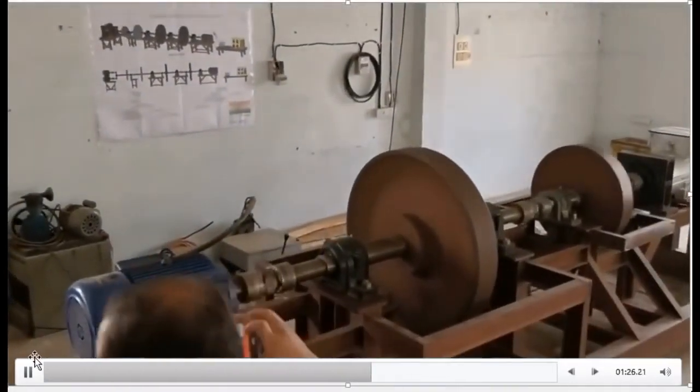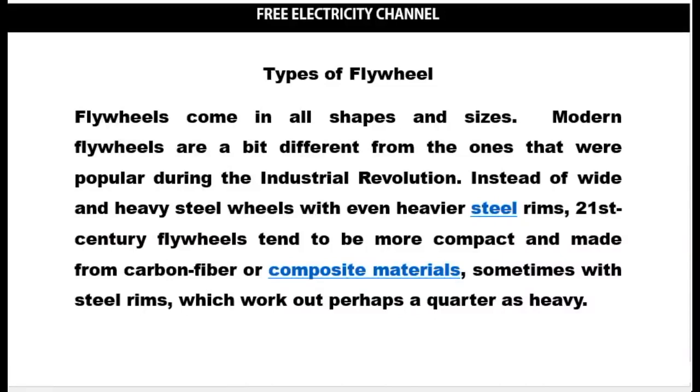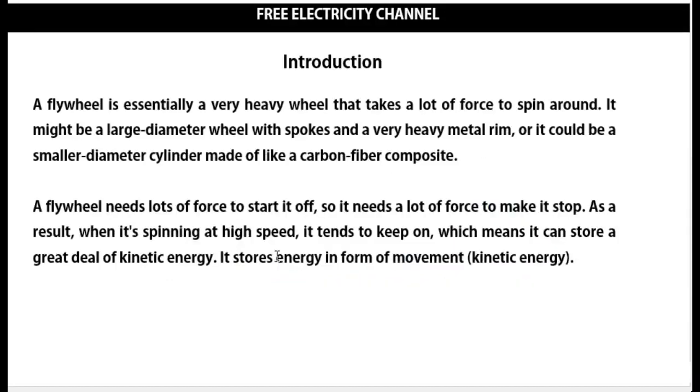That's what I mean by stored. It stores the energy in the form of movement, which is kinetic energy, not electric energy. And the energy in the form of movement helps to turn the generator, which you have seen there, to produce the light required. That is where free energy becomes possible.